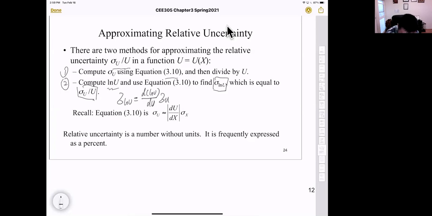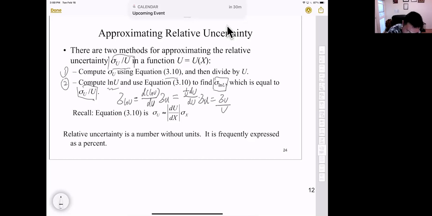And it will be simplified as this, sigma u, and further simplified as sigma u over u.